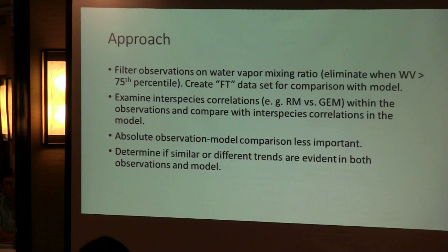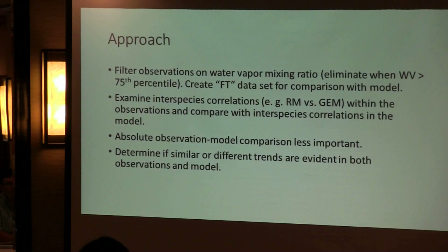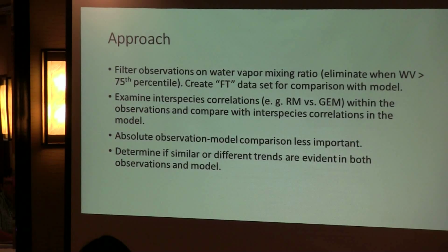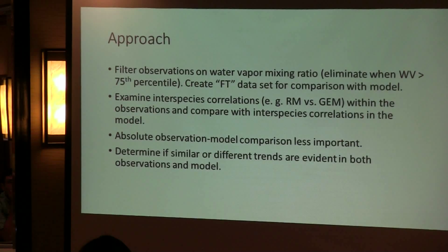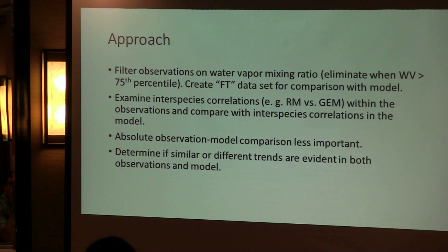So our approach was to filter the observations based on water vapor. We wanted to basically get rid of the outliers when we had known periods of upslope flow, because most of these sites were at high elevation. And so if there was upslope or surface flow, the water vapor concentrations would be relatively high.